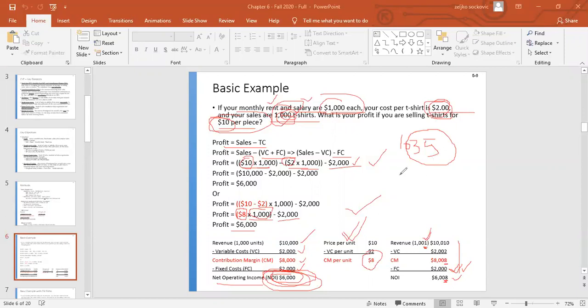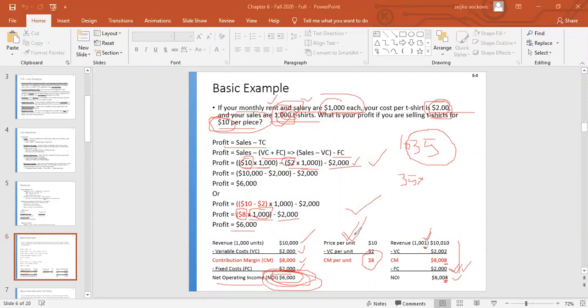So 35 times 8, that's it. 3 times 8 is 24, so 280. Very good. So net operating income will be 6,280. Correct. Very good.